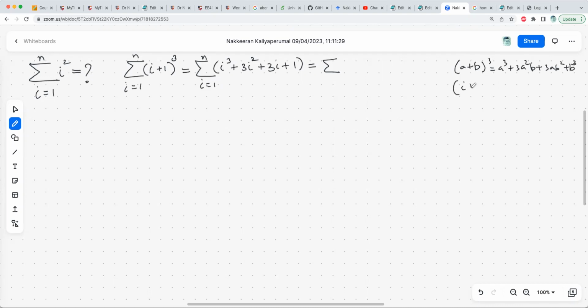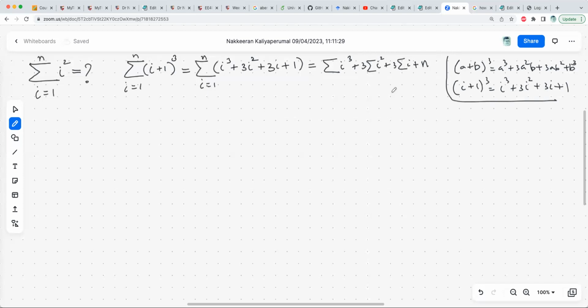Now we are saying (i plus 1) whole cubed is going to be i cubed plus 3i squared plus 3i plus 1. So this will be, I don't write the i equals 1 to n running every time, it keeps repeating: the summation of i cubed plus 3 times the summation of i squared plus 3 times the summation of i plus n. The n will add up to itself.